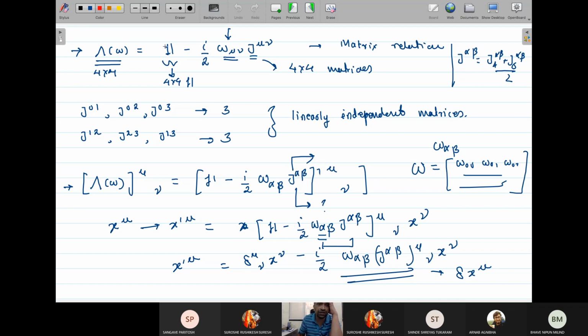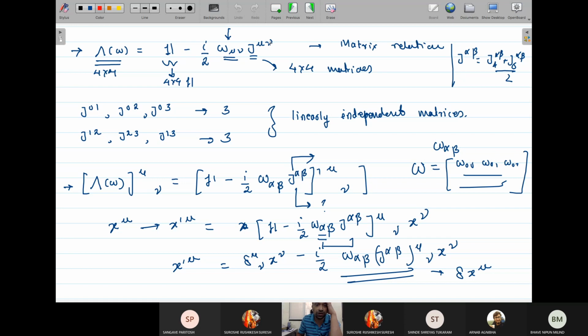The fact that this transformation leaves the line element invariant leads to the antisymmetry between mu and nu. So these J mu nu are antisymmetric in mu and nu.